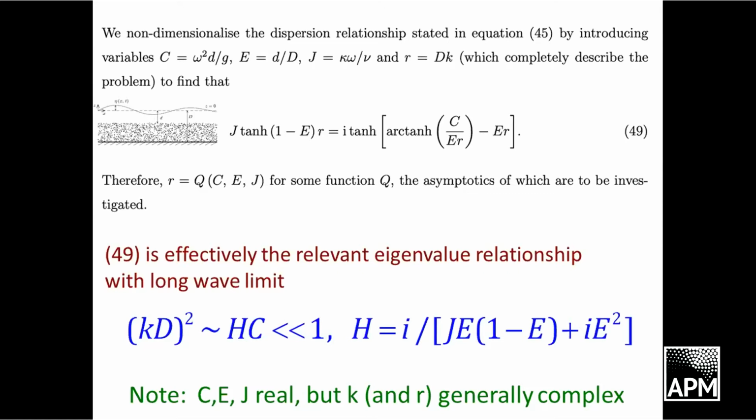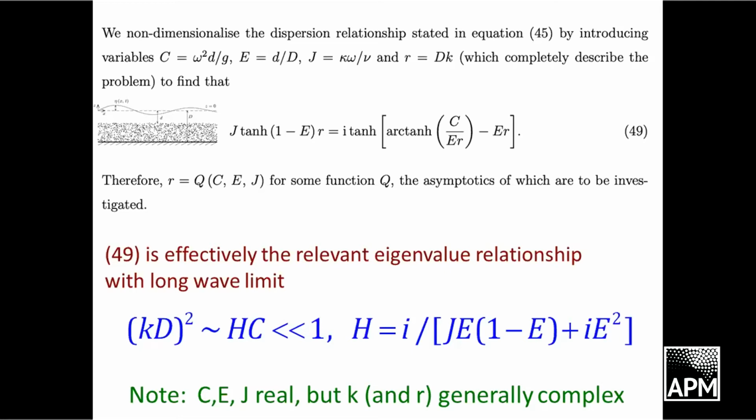Another is E, which is the ratio of the depth of the ocean to the total depth, capital D. The next is J, because this undergraduate student is called Joseph Weber, and I said he must have a non-dimensional parameter after him, which is k omega over nu, and tells you how important the viscosity of the lower layer is, and then a non-dimensionalization of the wave number, which is R. So going through the algebra, you get this rather complicated relationship, which is complex in both senses of the word.